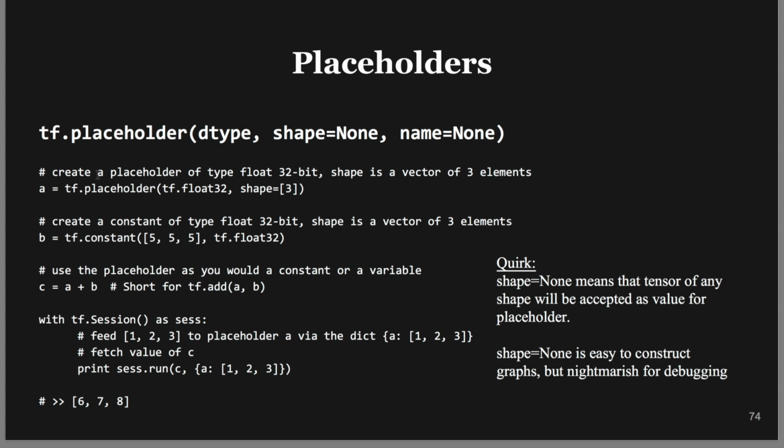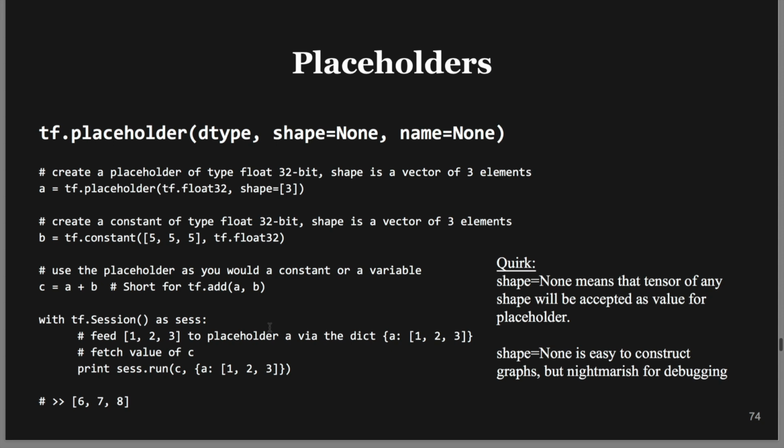Now, you would think it's easy when you are doing this, but a lot of ops do need to know the shape. For example, if you were to do shape equal to None, and B is a constant with the shape of a vector of 3, and you try to calculate the op C, A plus B, it will throw you an error if you had defined A with shape equal to None, because this operator actually wants to know the shape of the various ops within it.